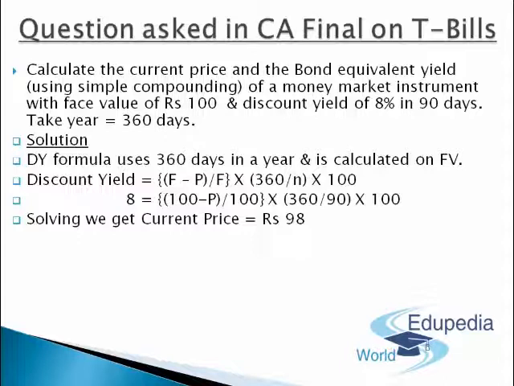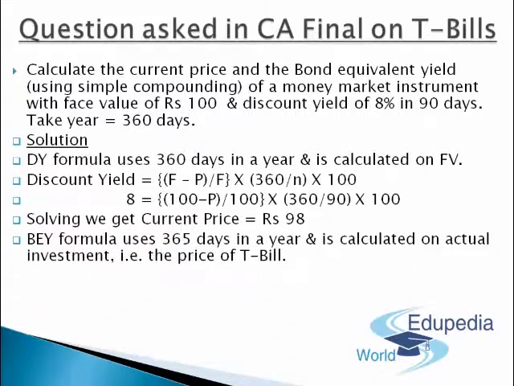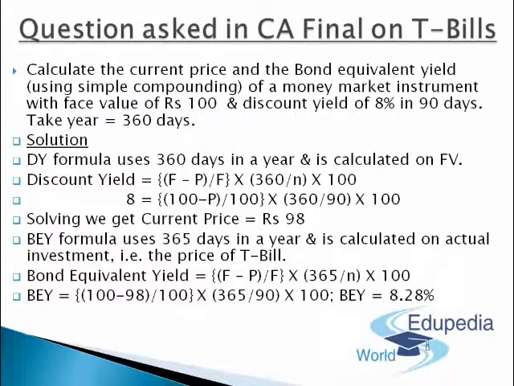Now let's obtain the bond equivalent yield. The bond equivalent yield formula, remember guys, uses 365 days in a year and is calculated on actual investment, that is the price of the T-bill over here. So the bond equivalent yield is on the same lines, that is F minus P, whole divided by F, into 365 divided by N, into 100.